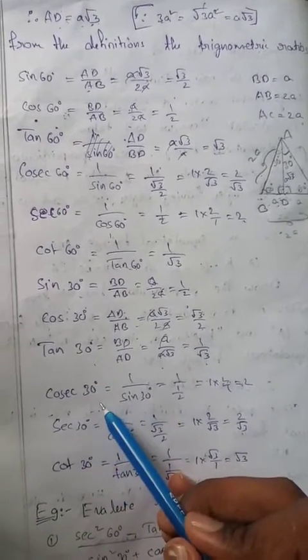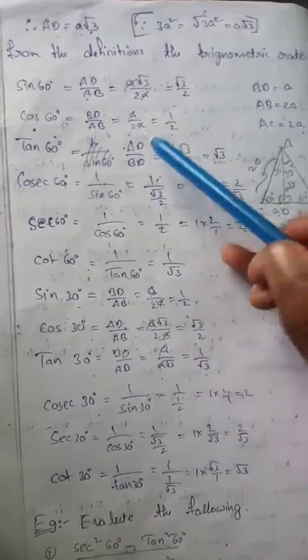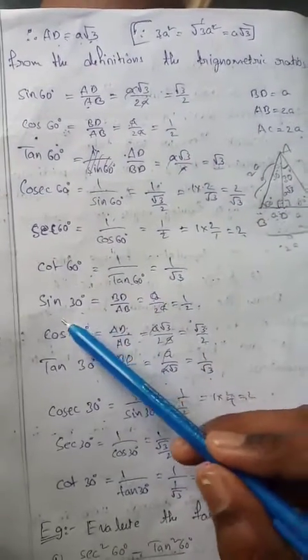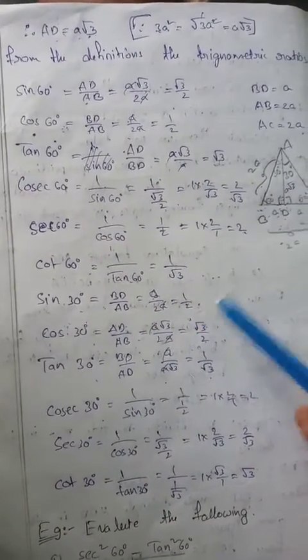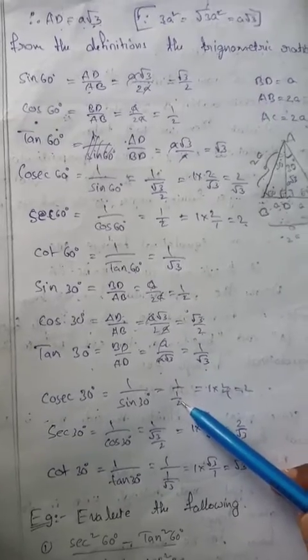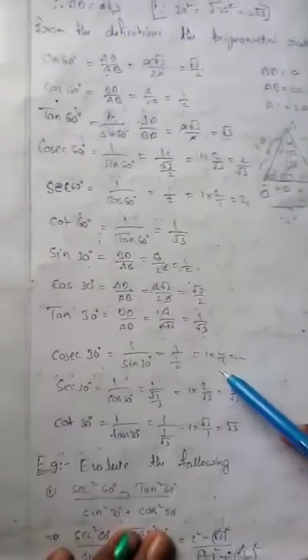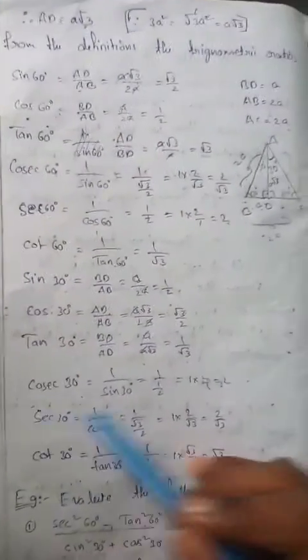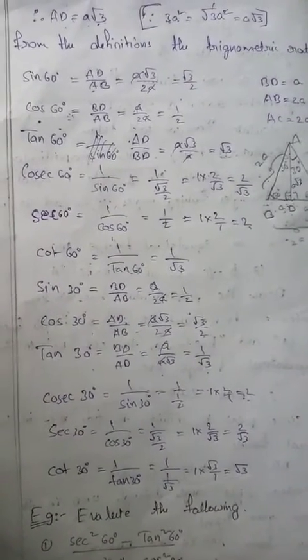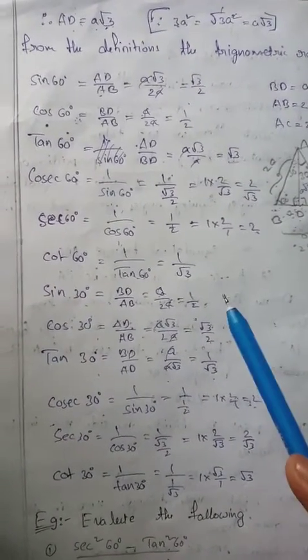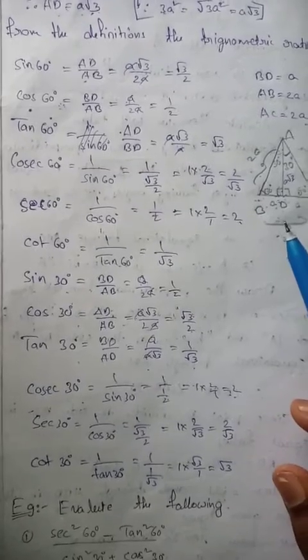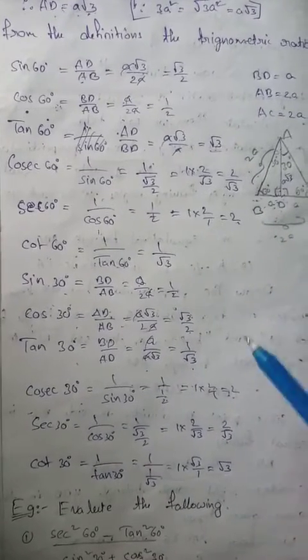After that cosecant 30 equals 1 by sin 30, which is 1 by 1 by 2, 1 into 2 by 1 equals 2. Cosecant 30 came. That means sin is reciprocal for cosecant, and cosecant is reciprocal for sin.